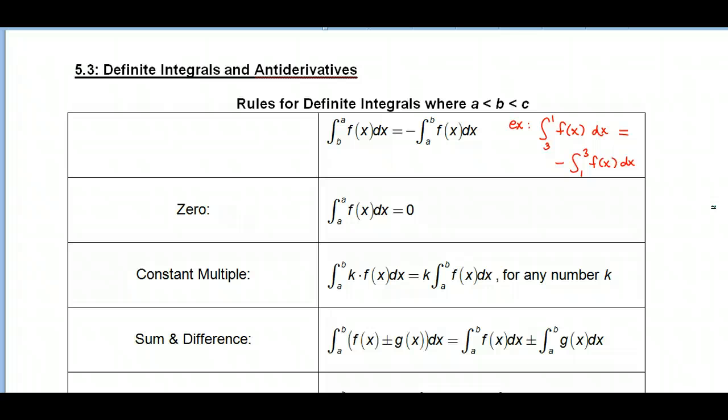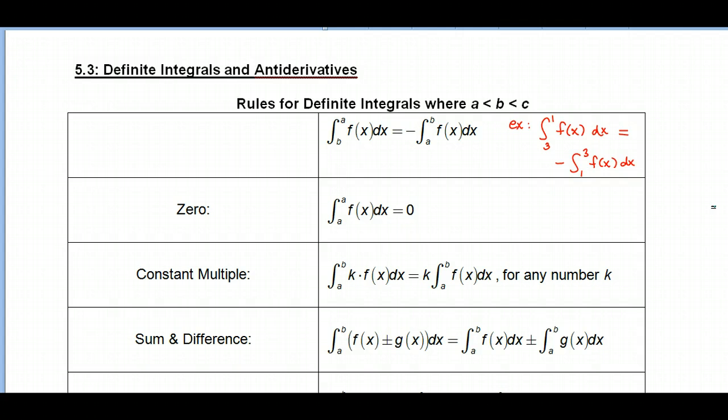Next, if the lower bound and the upper bound are the same, think about what would be the area under the curve. We can't have an area because it would have no width, no dimension to it. So that's going to be 0 if the lower and upper bound are the same.